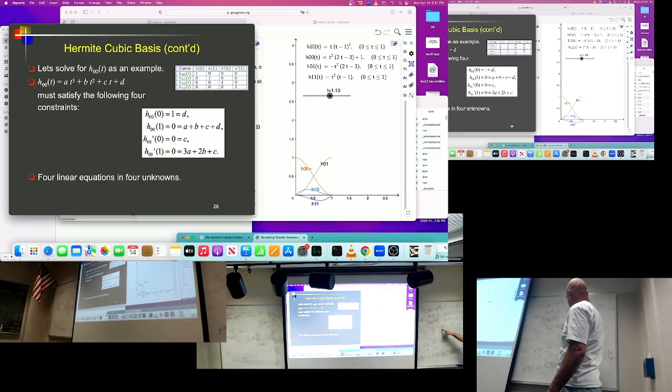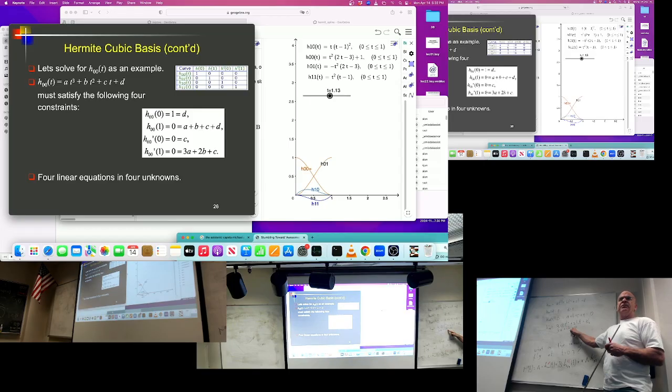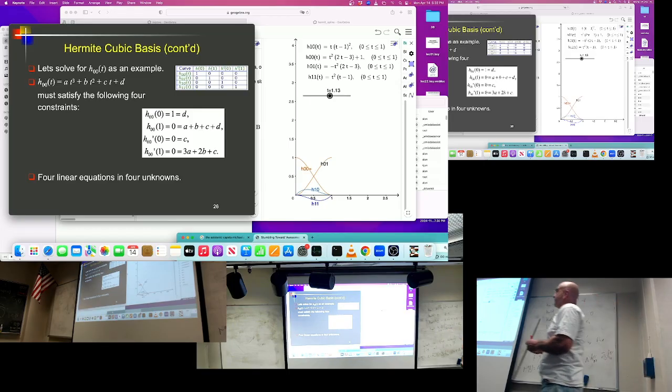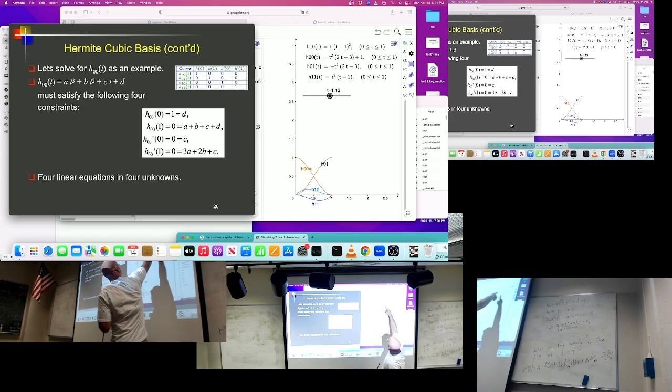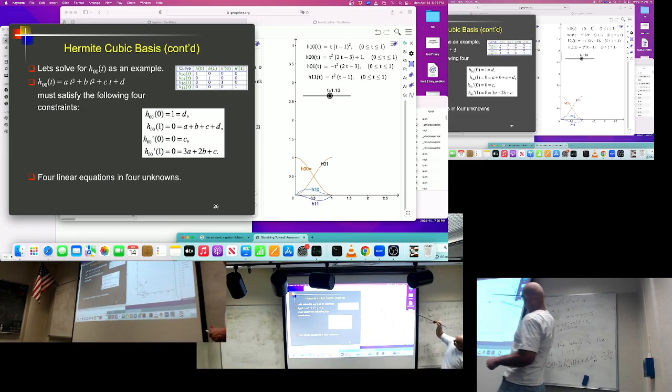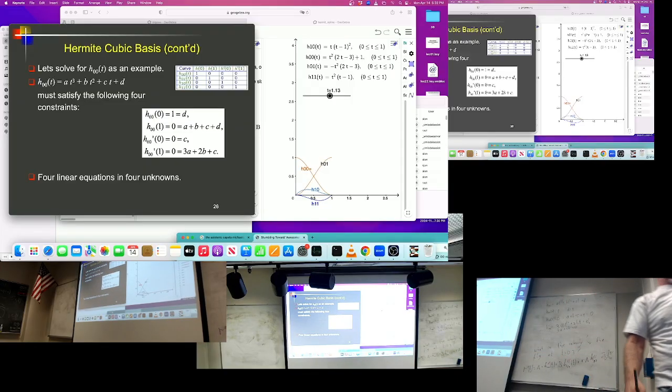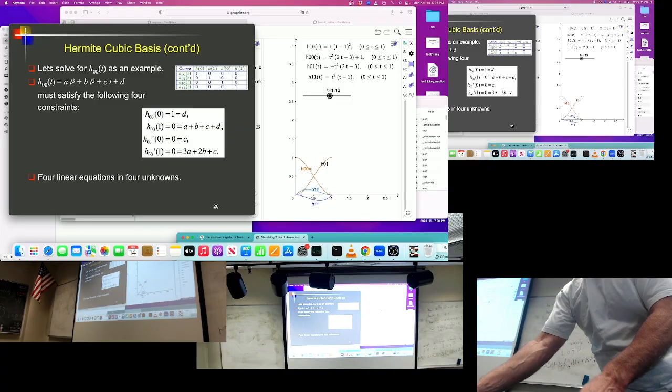And at t equal 1, we know it's also 0. So 3a times 1 plus 2b should be 0 as well. That's just what happens at t equal 1. It's not very fascinating or cool. It's just to explain to you how we got to know that this is the right polynomial, because it needs to satisfy this condition for H00, and equally, the conditions for the other three polynomials.